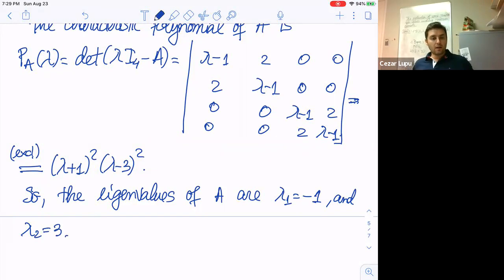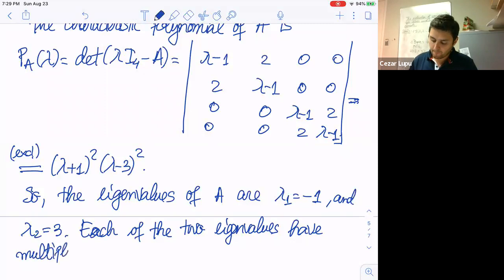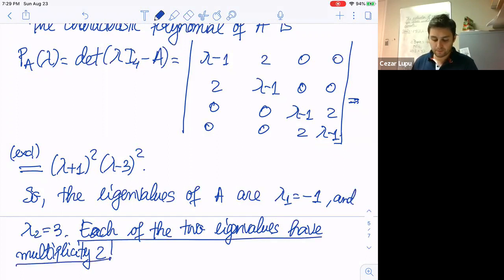As you can clearly see, each of these two eigenvalues has multiplicity 2. This is very important to know.